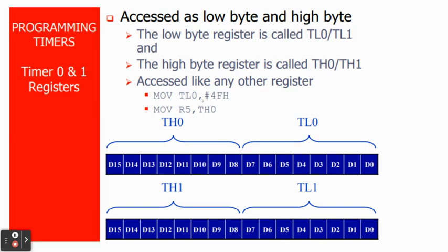If this is C language, it's like TL0 = 0x4F;. Now, on the second example here, we have MOV R5, TH0. What will actually happen here is that the TH0 value will go to register 5. So in C language, it's like R5 = TH0.